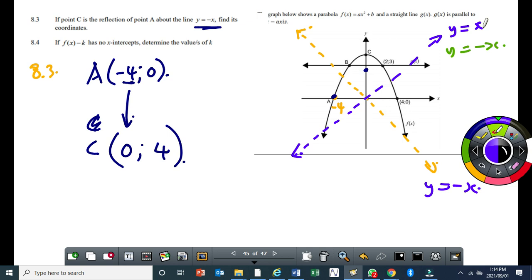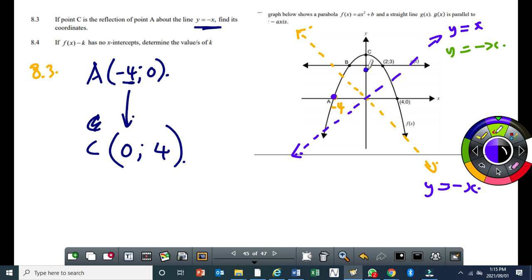Right. Okay, this is how I'm going to say it again. If you are going to reflect a point about the line y equal to minus x, if a point is here, it means that if you reflect it about the line y equal to minus x, it has to be on the y-axis.